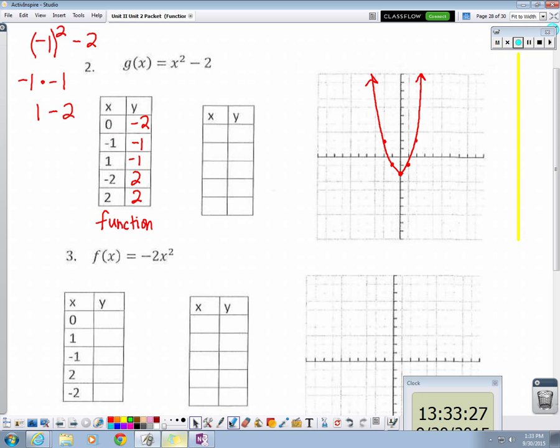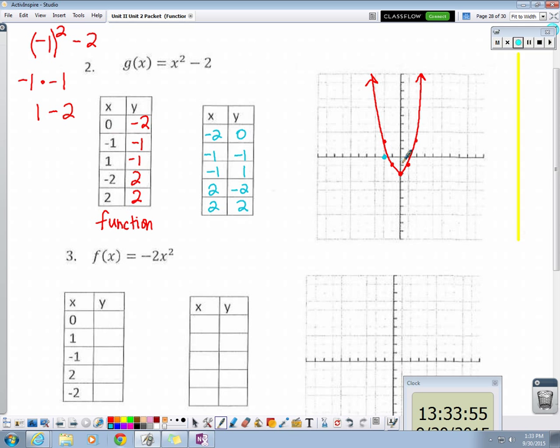So what do I have to do to graph the inverse of it? Switch the x's and y's, so it would be -2, 0, -1, -1, -1, +1, 2, -2, and 2, +2. And now we're going to plot those 5 points. How do I plot negative 2, 0? Just go left 2, because remember the negative 2 is in the x, so we have to go on the x-axis to negative 2.